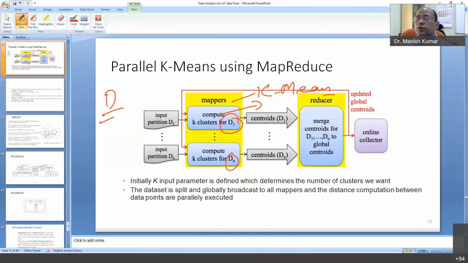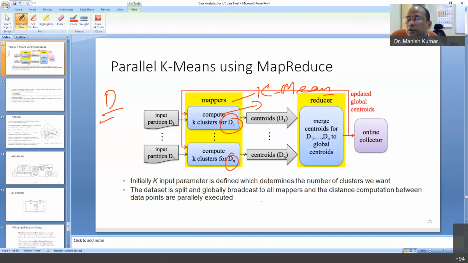Now the question is, could mappers execute k-means entirely in one go for all local data, or can we have some sort of sharing of intermediate results, so that it can provide ease in the system?